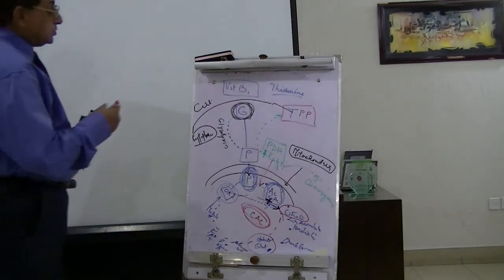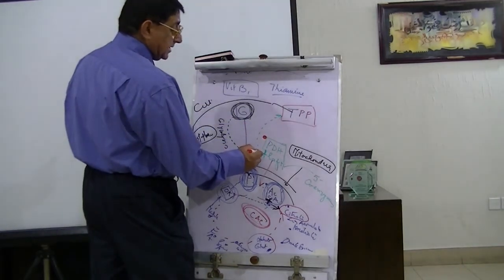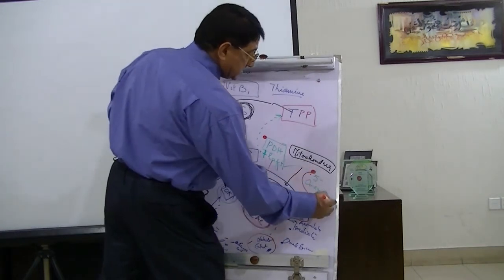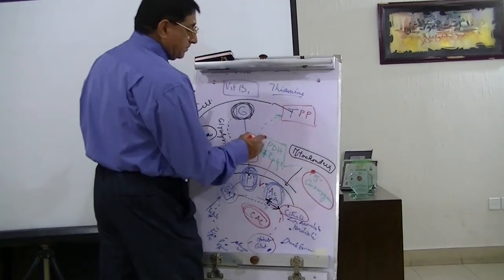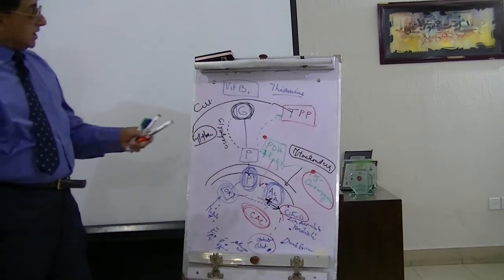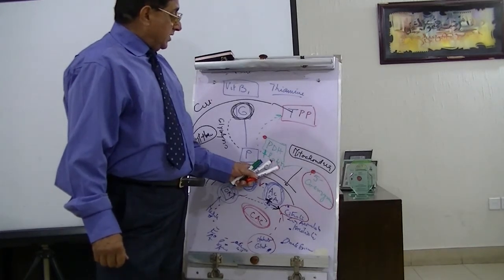Over here there are two things required. One is the pyruvate dehydrogenase enzyme, and then there are 5 coenzymes. Pyruvate dehydrogenase and 5 coenzymes: thiamine, lipoic acid, coenzyme A, FAD and NAD.